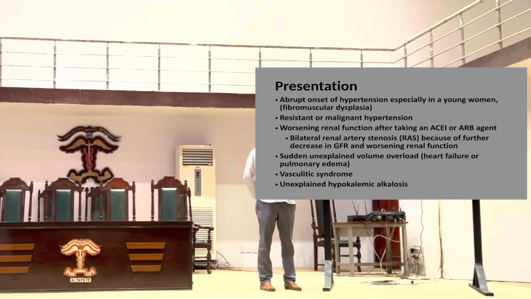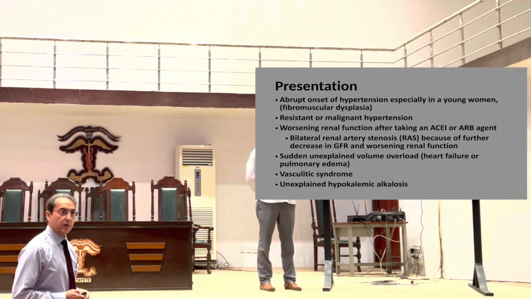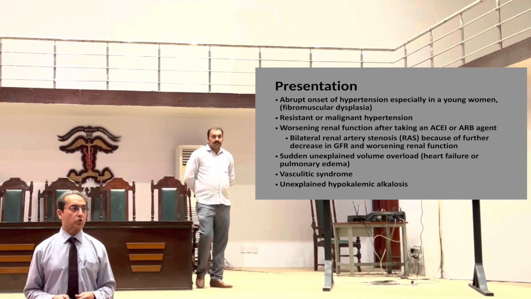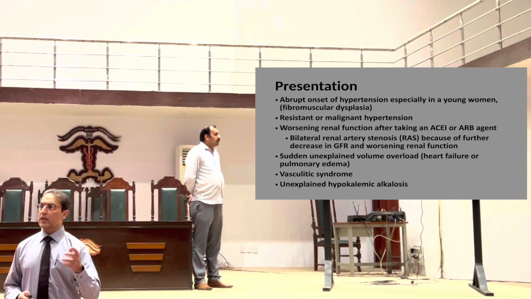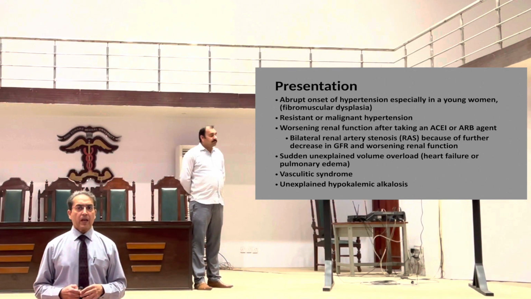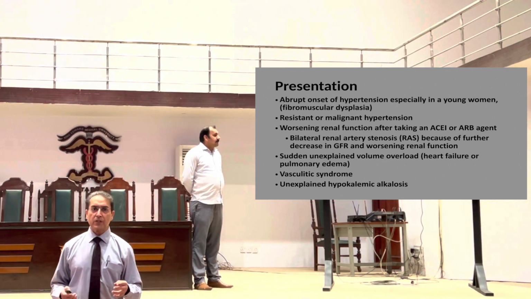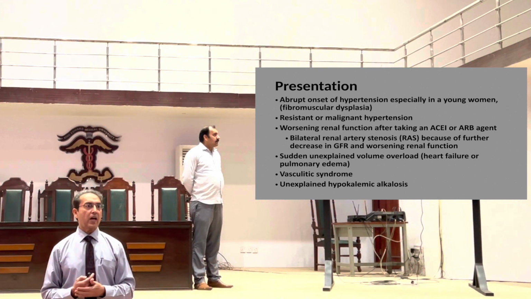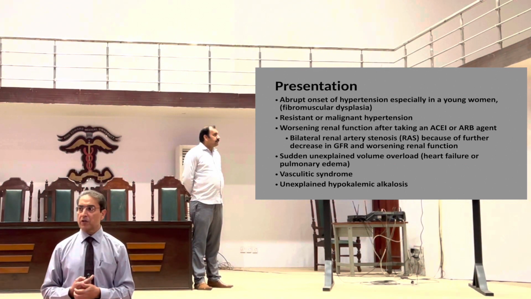Then the other feature is worsening renal function. If you give patients ACE inhibitors, the renal function may worsen if there is bilateral stenosis. And what will happen if there is unilateral stenosis? If there is unilateral stenosis, the blood pressure rises and it causes pressure natriuresis. So the patient will have hypertension with hyponatremia.